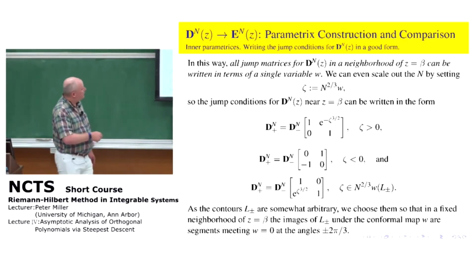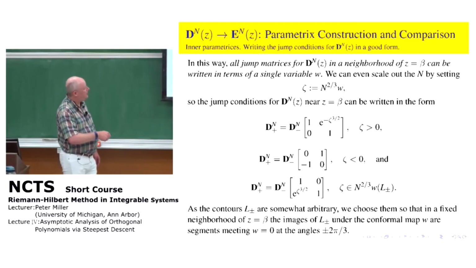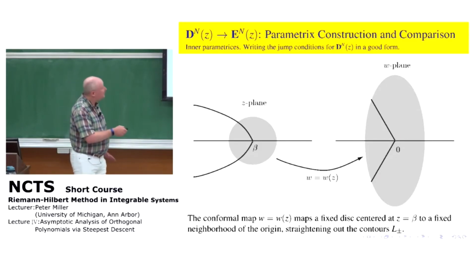So now, as these contours L plus minus, these lens boundaries, are sort of arbitrary to some degree, we're going to pick them so that in some fixed neighborhood of z equals beta, the images of those lenses under the conformal map are just straight line segments that meet w equals 0 at these two angles, plus or minus 2 pi over 3. So here's a picture. This is the z plane.